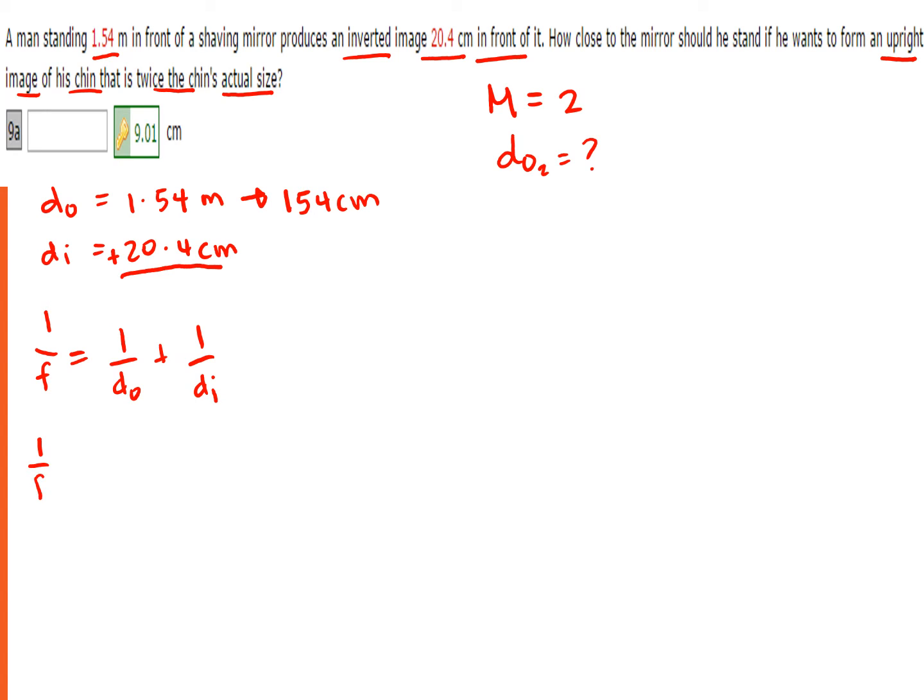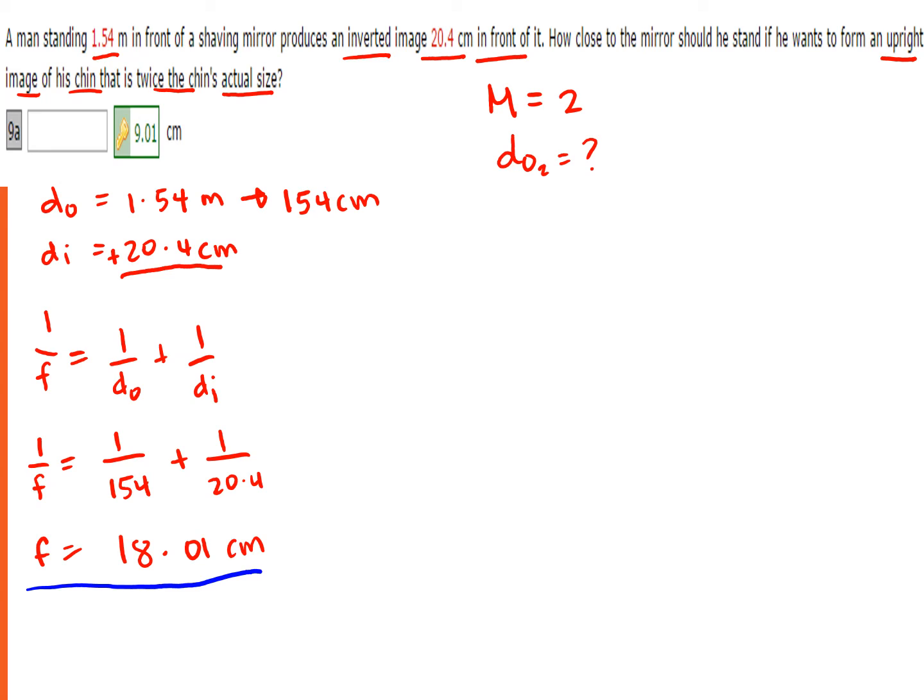So that's 1 over f is equal to 1 over DO, which is 154 centimeters, plus our DI, which is 20.4 centimeters, and that gives us the focal length to be 18.01 centimeters.